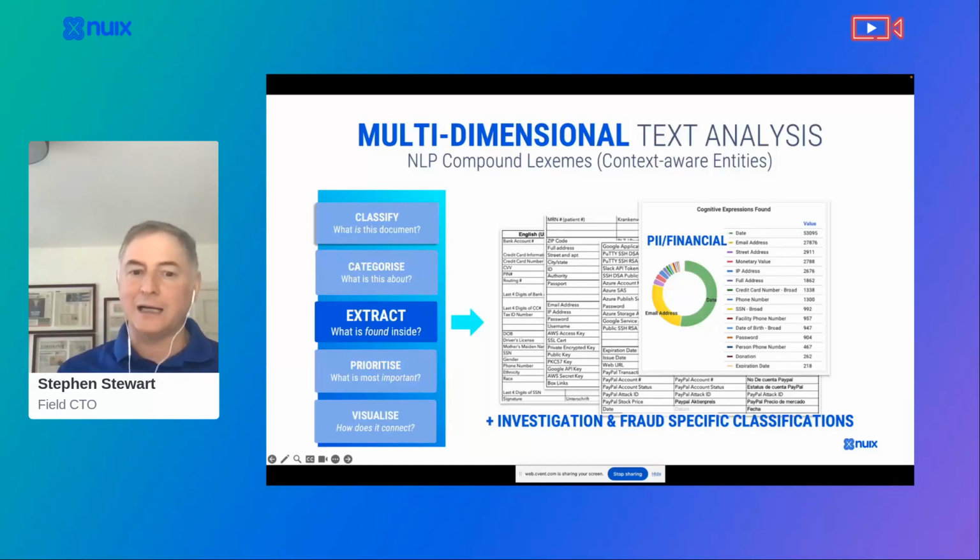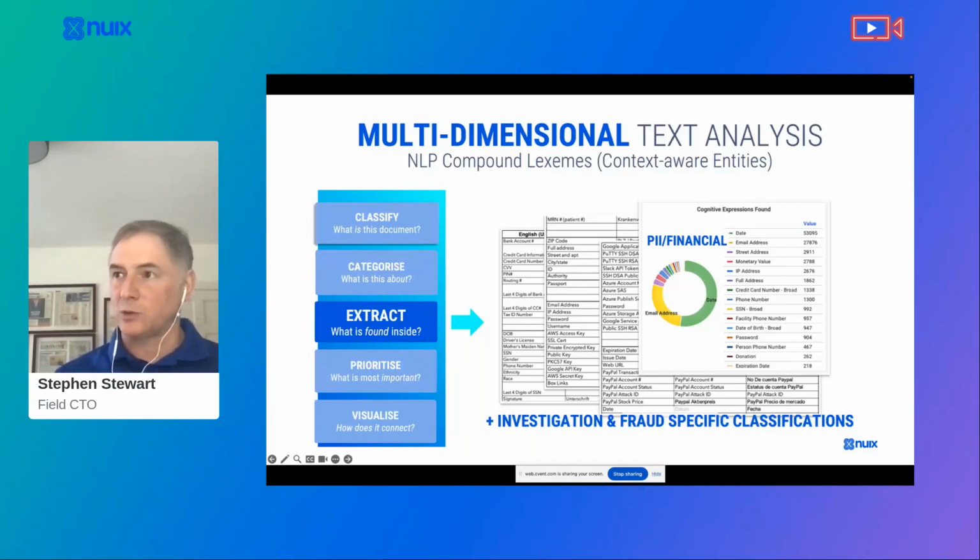The value of the cognitive expression, which is the other part of the fact extraction piece, is how do I then say, okay, what contextual information around this lets me know that this is a social security number? Is it something like SSN, or national ID, or what are these other aspects? You then take that around things like credit card information. So you're looking for security ID, you're looking for CCV, you're looking for other things around that contextualize.